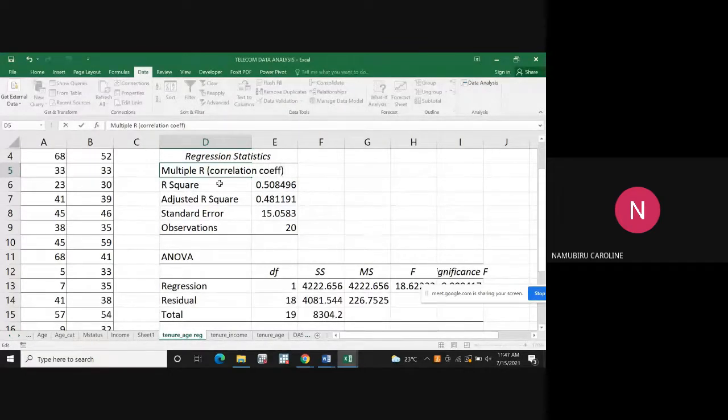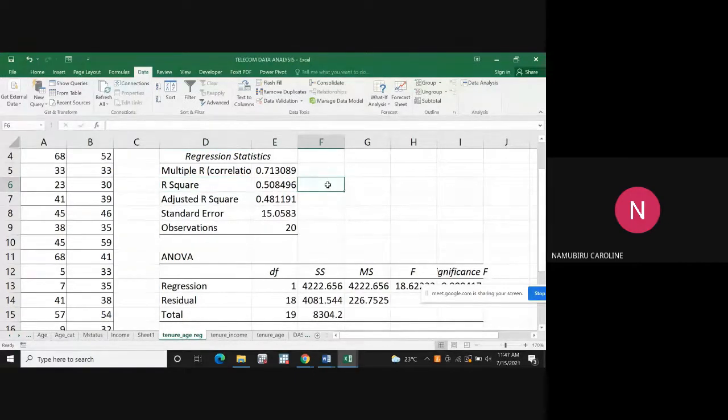So this correlation coefficient is equal to 0.713, which is a strong relationship, and the relationship is actually positive. I guess we are all okay with that one, right? Yes. Then this one here is what they call the R square. This is what we understand as the goodness of fit or coefficient of determination.